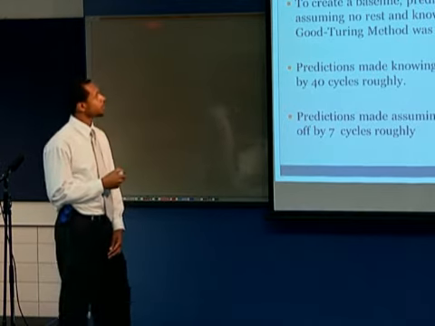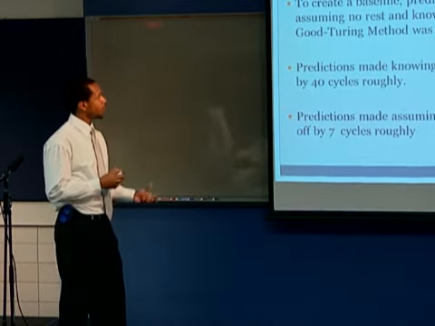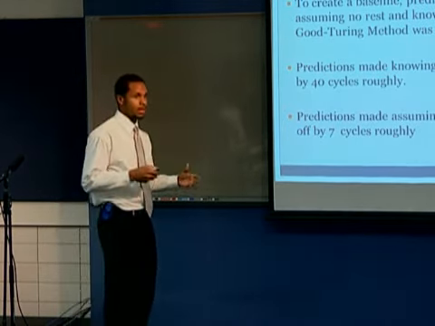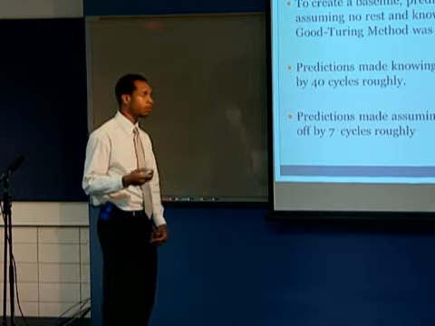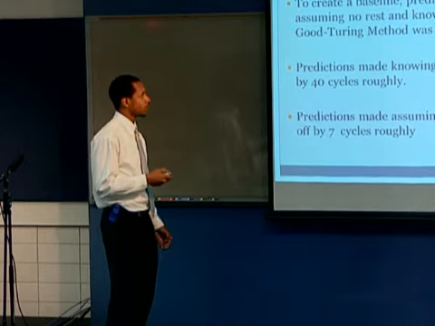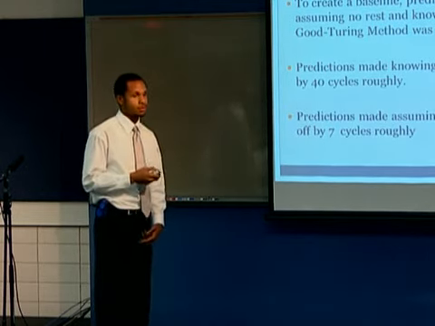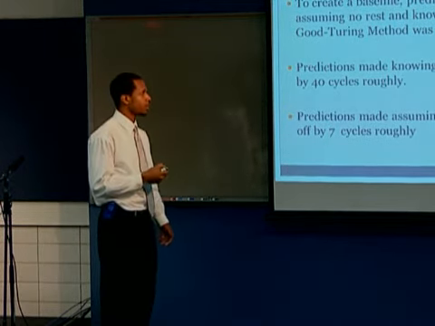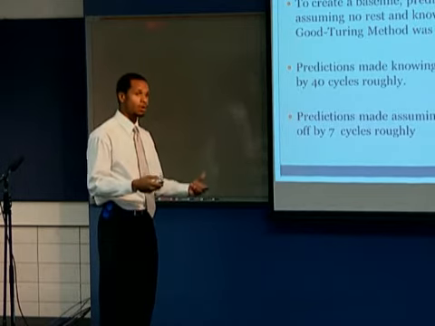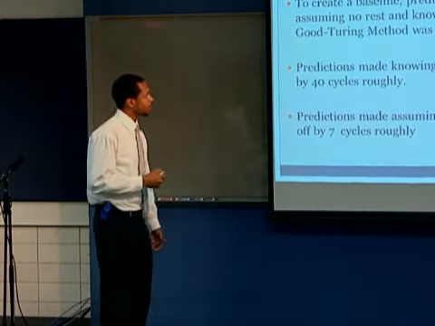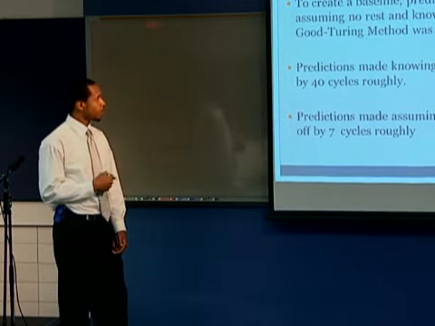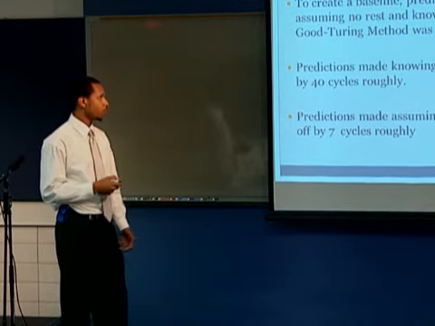All right, while making these baseline implementations to see if higher accuracy could be achieved knowing my rest, as seen in the previous slide, it was much less accurate when I propagated knowing all rest than assuming no rest. The predictions made knowing rest were off by 40 cycles, roughly.